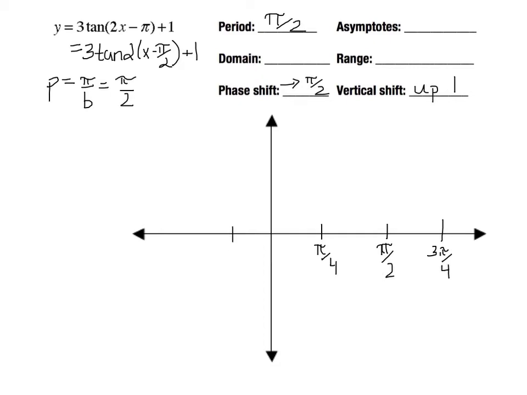And then I can go left pi over 4 if I want. And then left pi over 2. I don't know if I need to really go past that. So I've got my period done. Now I'm going to do my vertical shift. It's up 1. Now that's going to be a big deal. We didn't look at that today for tangent and cotangent, but it is up 1.